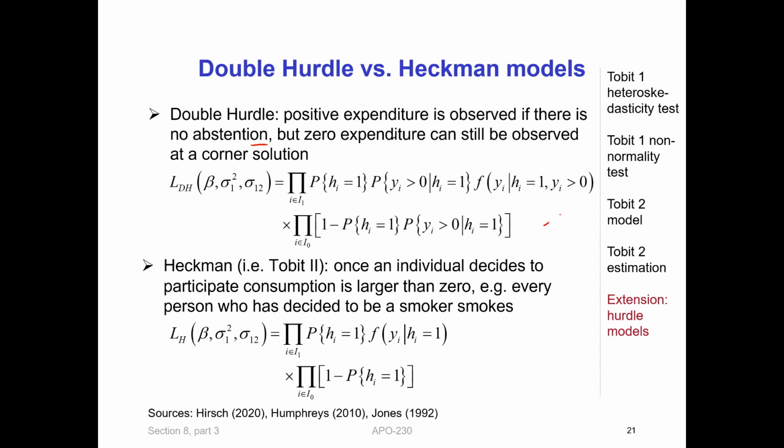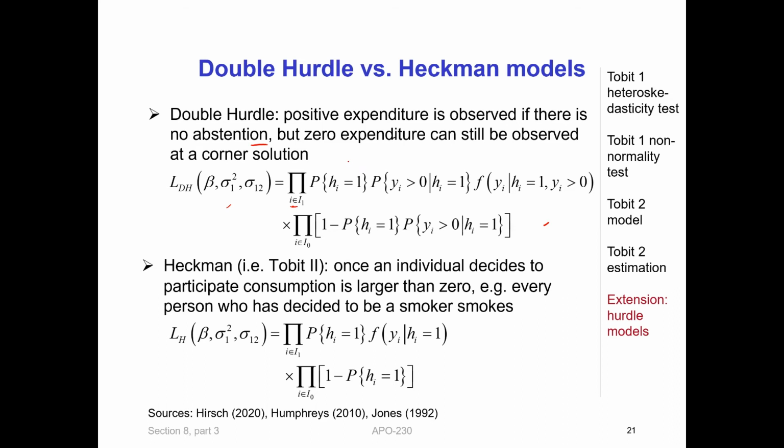Here, I rather use the likelihood function in this form, so it's easier for us to see. The two hurdles are captured in these observations with positive expenditure, i in the set I_1, for those that actually have a positive observation of expenditure.